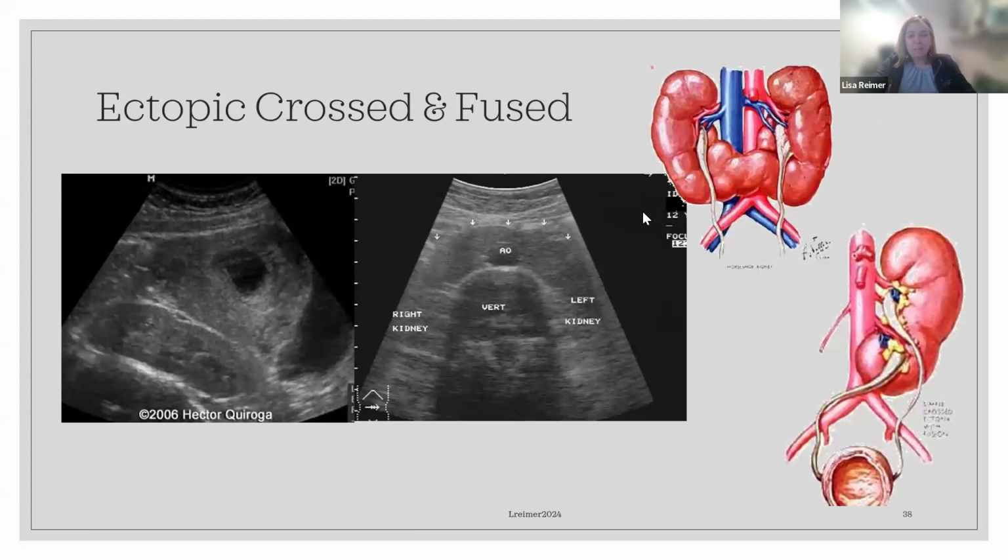We have crazy things that can happen in embryologic development. So kidneys can cross over the body and both wind up on one side. So they can cross over and they can fuse together. So the most common abnormal location and fusion is actually the horseshoe kidney. So you can see that in this image on the sonographic image on the right, and it's also in this diagram next to it.